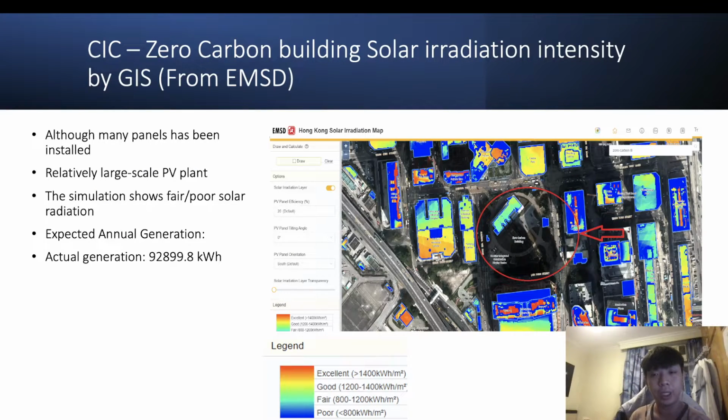However, the EMSD simulation shows the solar irradiation over these 606 PV panels is quite poor or fair, within 800 to 1,200 kilowatt hours per square meter, or even less than that.